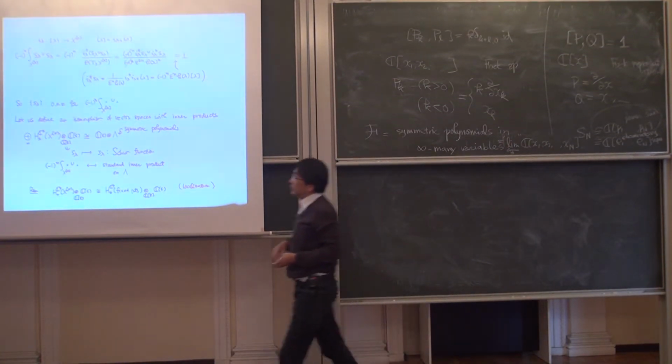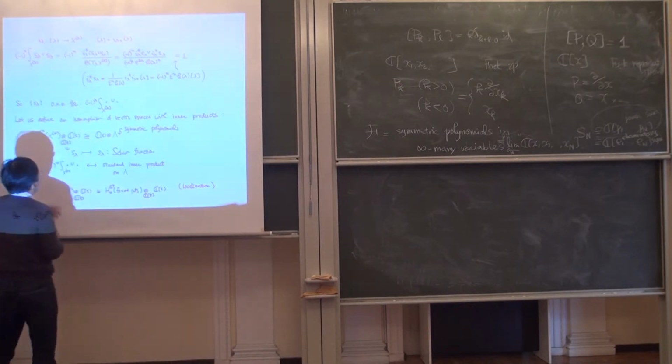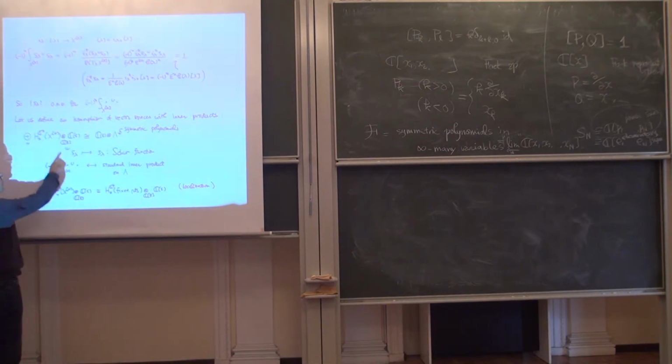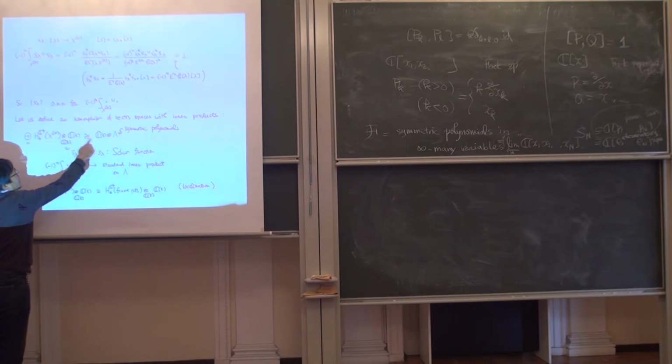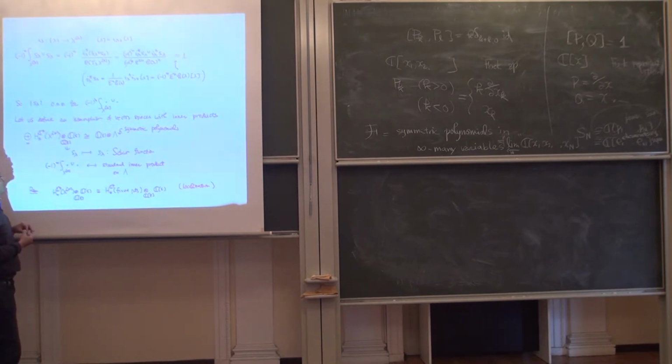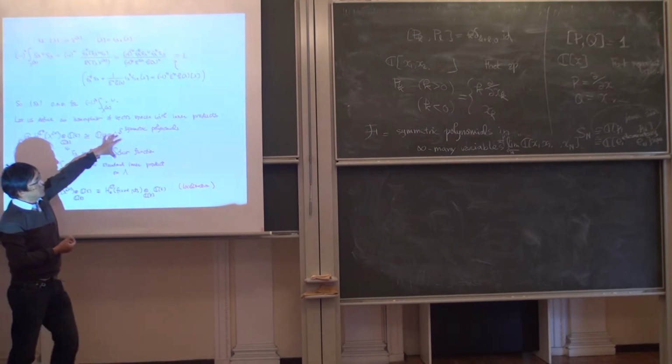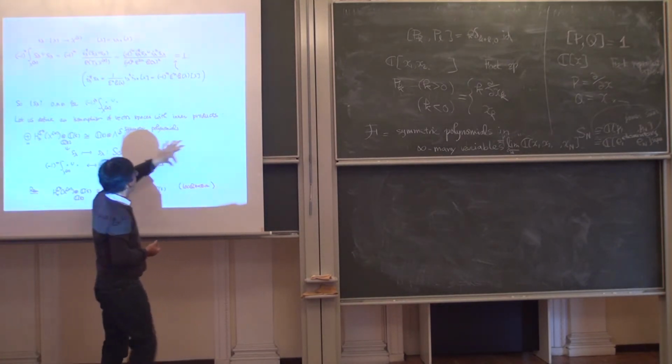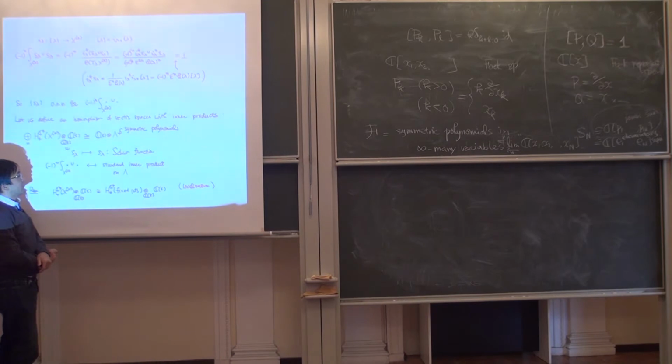So this is a vector space isomorphism. But next I want to show this isomorphism preserves the Heisenberg algebra action here, which I constructed last week, and also those multiplication or differential operators by power sums.